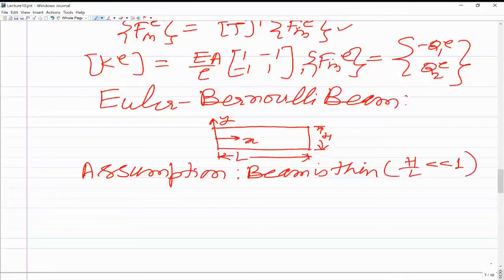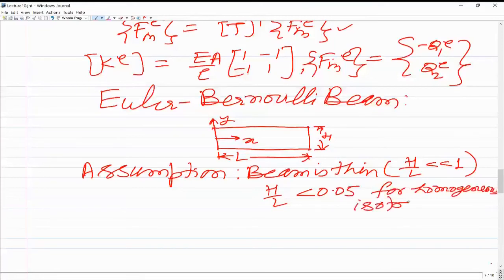And typically h by L could be less than 0.05 for homogeneous isotropic beams. And we are talking about the statics problems.